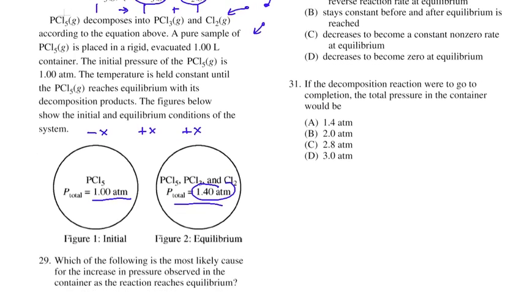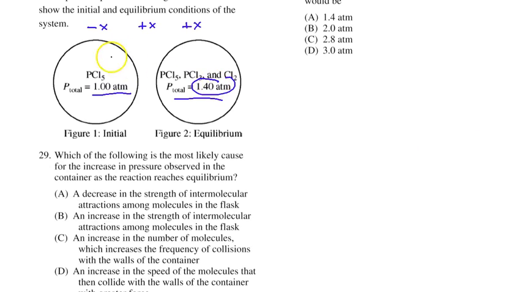So knowing that the pressure overall increased from 1 tells me that we've created a greater overall number of molecules. If I'm in a fixed volume container and the pressure went up, it only does so if there are more moles of gas. So pressure: PV equals nRT, so P equals nRT over V. If you increase the number of moles n, you increase the pressure, keeping volume and temperature constant.